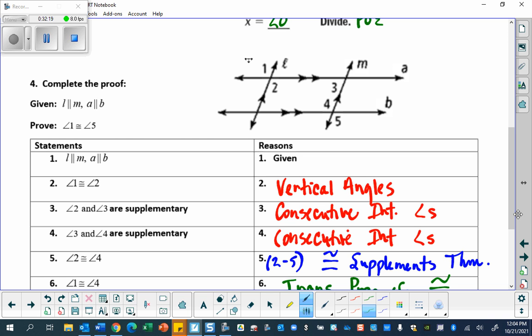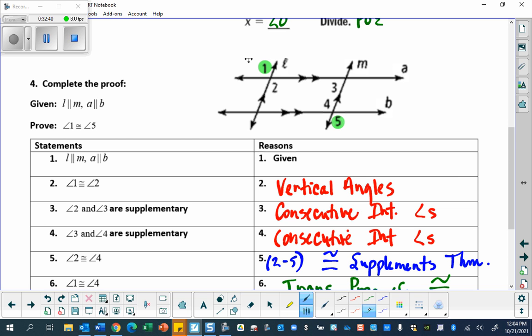Given those two lines are parallel, how can I get angle 1 and angle 5 congruent to each other? What's interesting is you have to figure out a way to jump families. Stick with me here on this one.